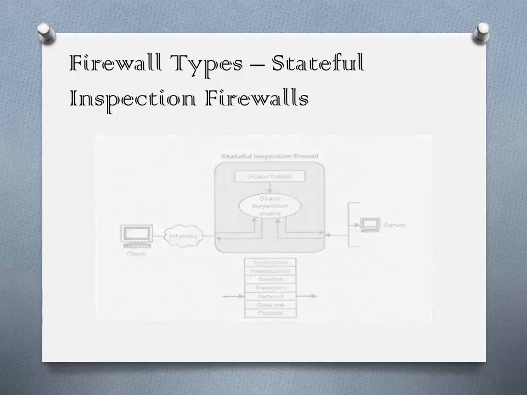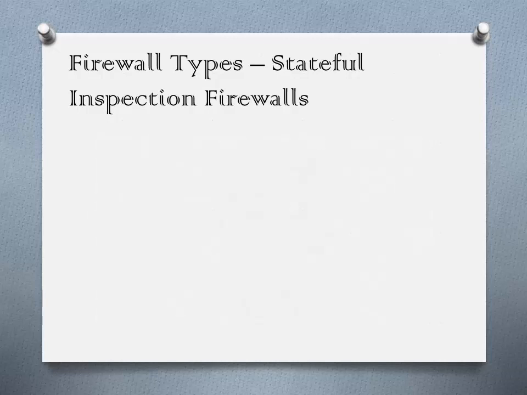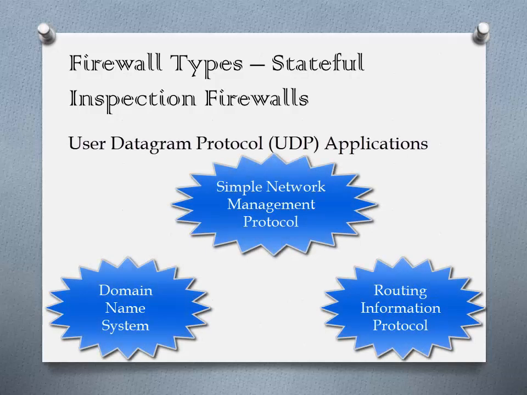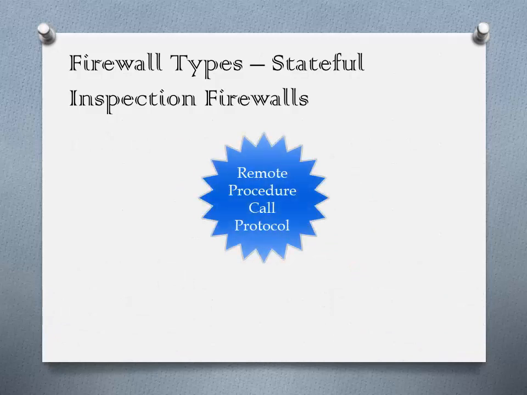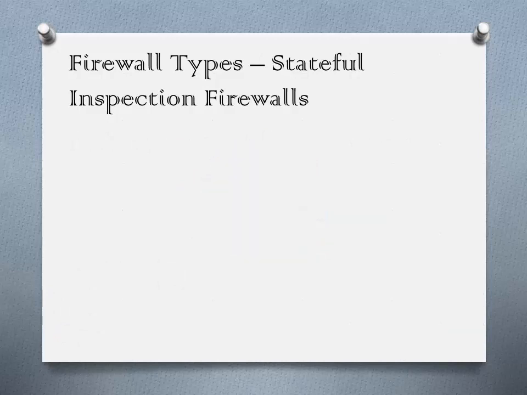This boosts performance over the pure application level firewall and also provides a more complete inspection of the data. By examining the state and the content of the incoming data packets, it helps to track the protocols that are considered connectionless, such as UDP-based applications and remote procedure calls. This type of firewall is used in third-generation firewall systems.